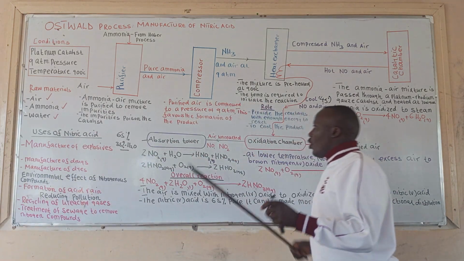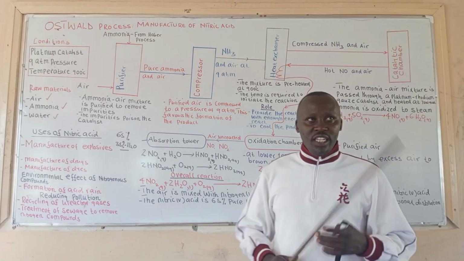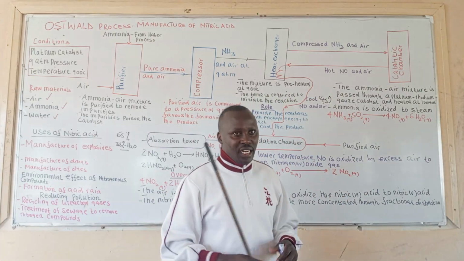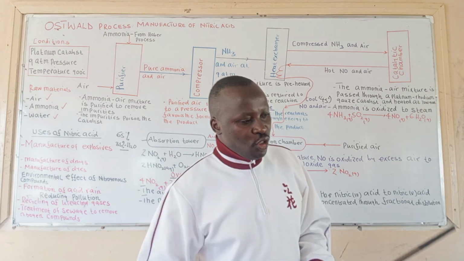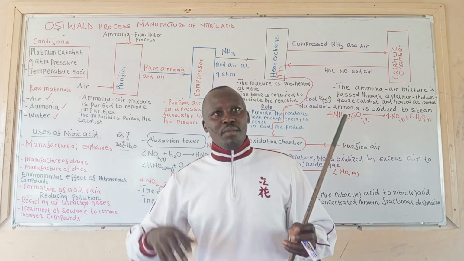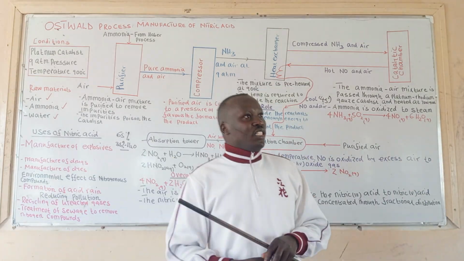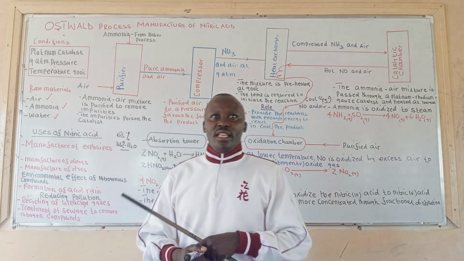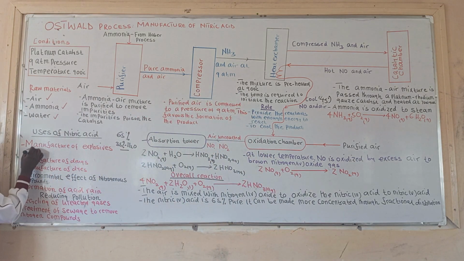Now, we have some of the uses of nitric acid. What are the uses of nitric acid in this case? So you will be asked to give the uses of nitric acid. You can just say that nitric acid is used in the manufacture of explosives. Explosives in this case, you talk of an example here, it is TNT.